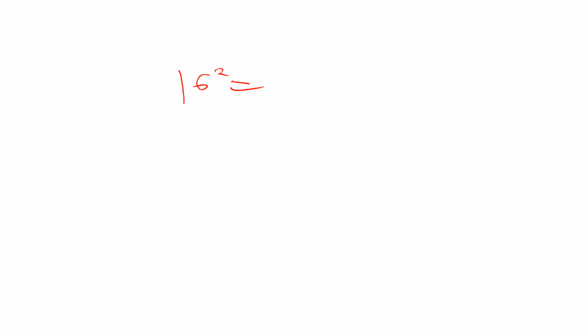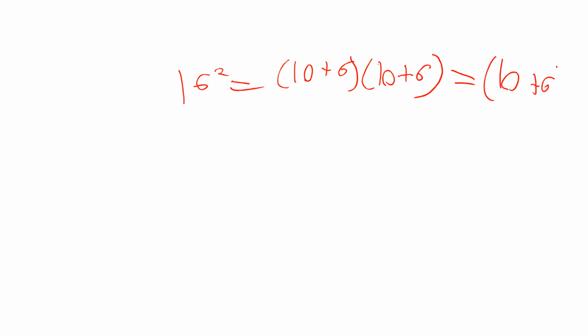So what I like to do is use the squares of binomials factorization. 16 squared can be written as 10 plus 6 times 10 plus 6. That's 16 multiplied by 16.